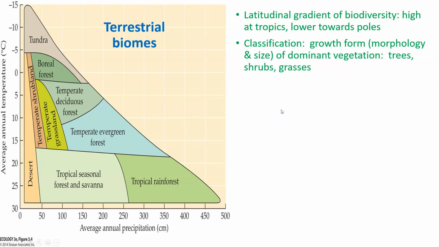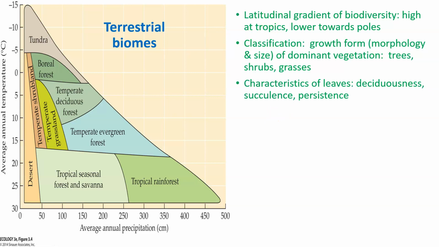Another way you can classify terrestrial biomes is based on the leaf characteristics. Are they deciduous, meaning do those trees shed their leaves seasonally? Or are the leaves succulent, meaning juicy and thick, containing a lot of water?